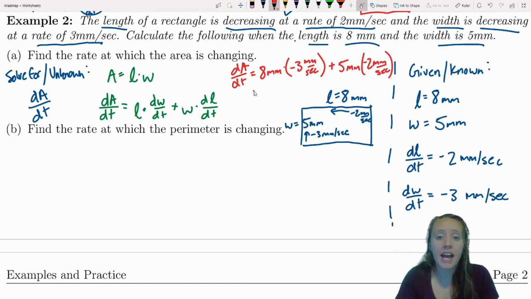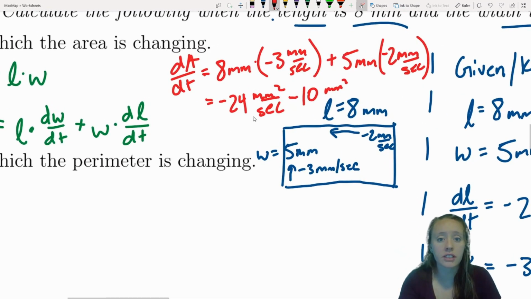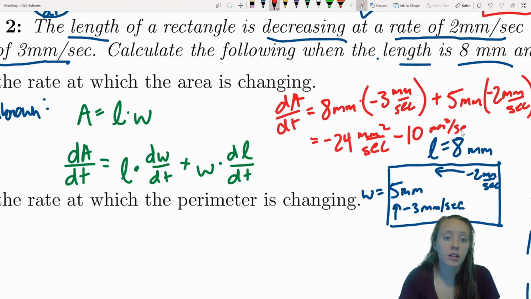So I have 8 times negative 3, which is going to be negative 24 millimeters squared per second. And then I'm going to be adding that to 5 times negative 2, so really subtracting 10, and that's millimeters squared, and I'll go ahead and zoom in really quick so that's easier to write, millimeters squared per second.